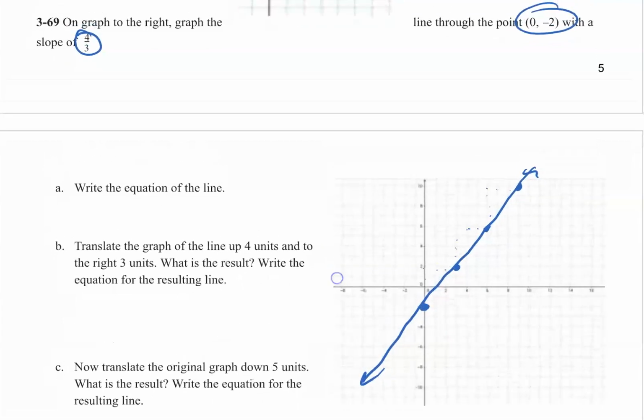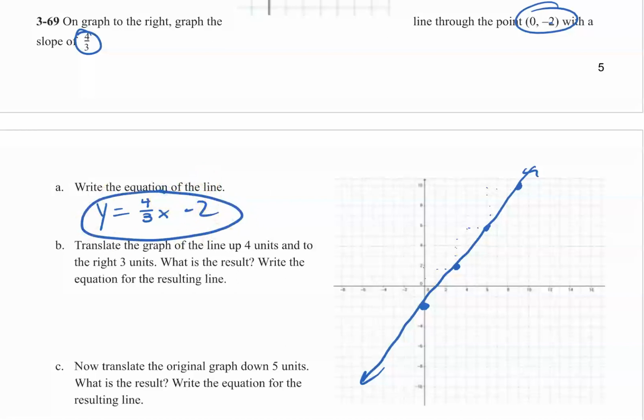Alright, the equation of the line, y equals the growth times x plus the starting value, -2. Instead of adding -2, I can just write -2. That's the same thing.